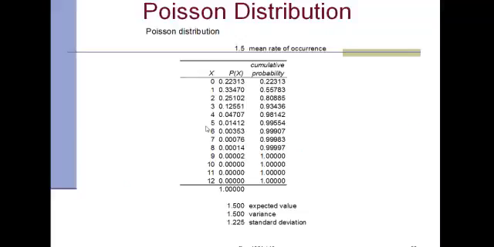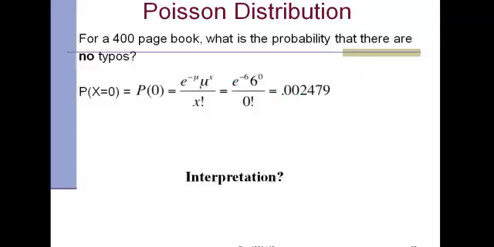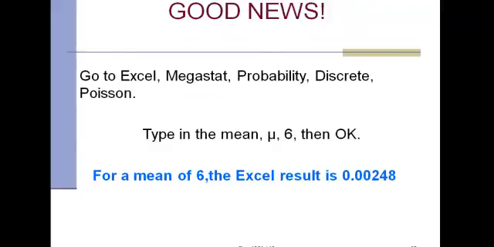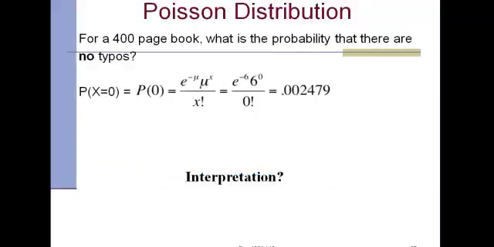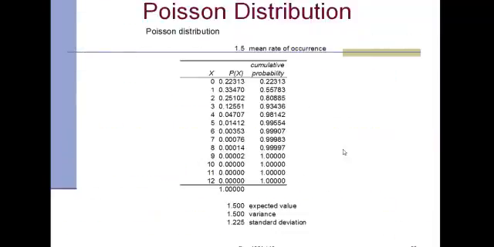Okay, the probability of, what was it? Less than 5? Oh, I've forgotten already. I've got to go back. Hold on. Okay, probability of 5 or less. Here is the probability from 0 to 5.